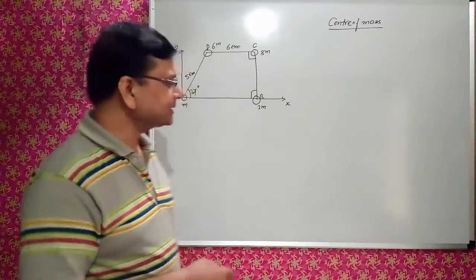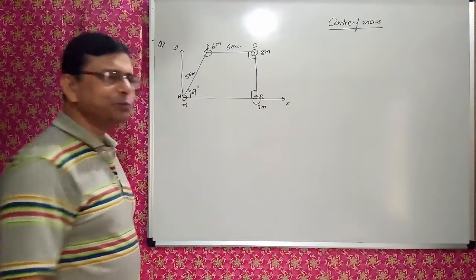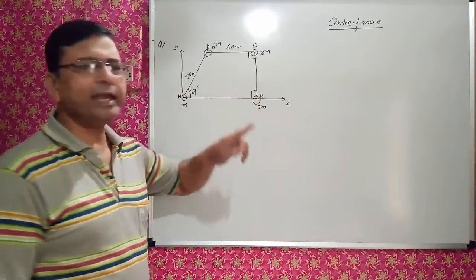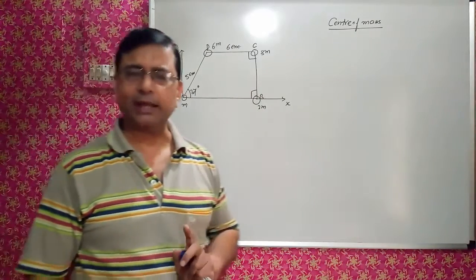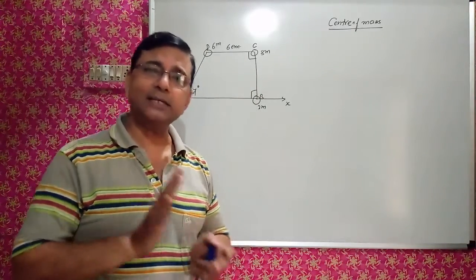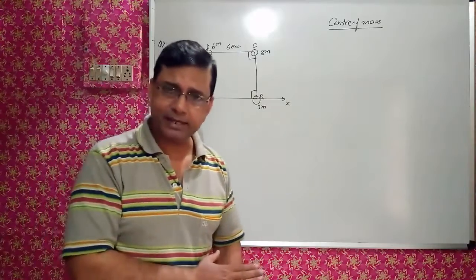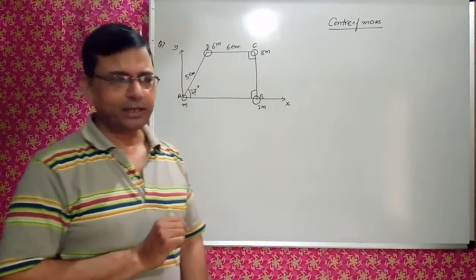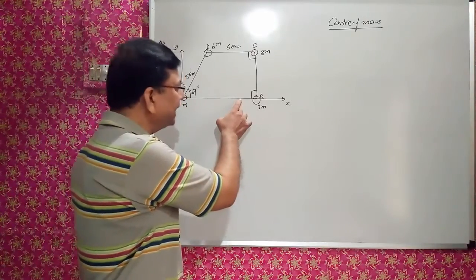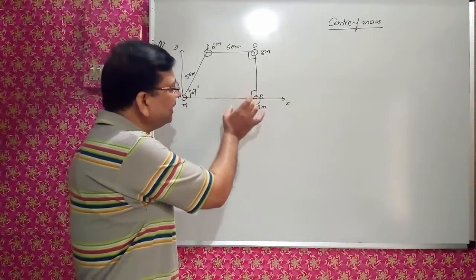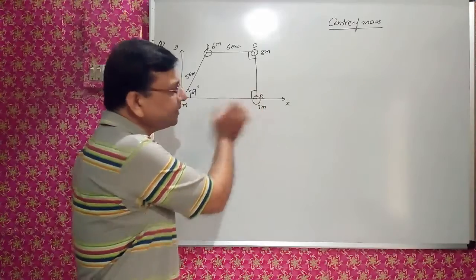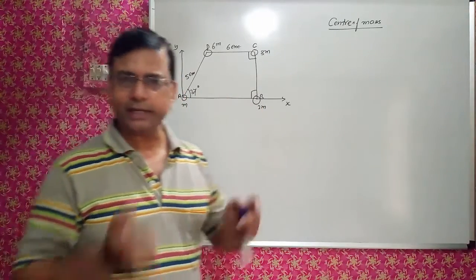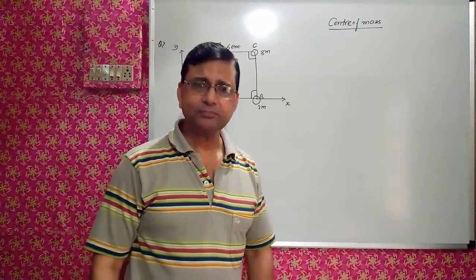So I am feeling it is convenient to choose over here. That is I have chosen. I can choose over here also, here also, here also. Anywhere origin can be chosen. But you should be able to measure the distances of the rest of the masses from that origin. That is important. If you are selecting origin over here, you will be in position to measure the distance from here to here, from here to here. Then only you can find the coordinate of the center of mass.